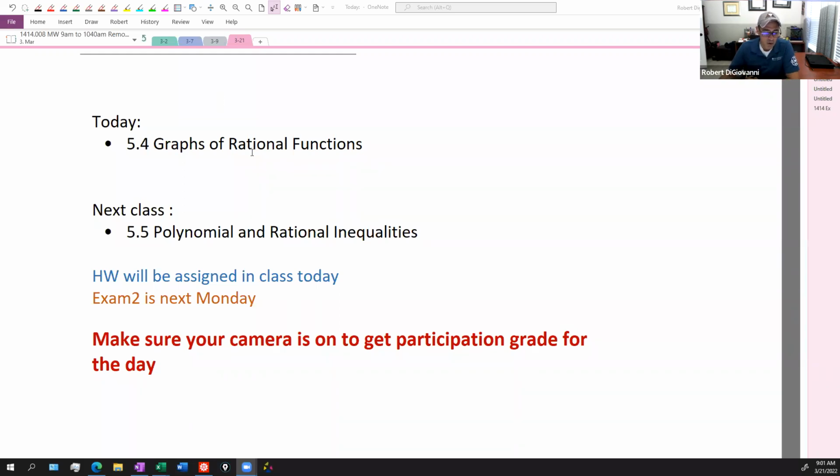Okay, today we're going to continue doing graphs of rational functions. That's what we had talked about last time. And then on Wednesday, we're going to cover polynomial and rational inequalities. The homework assignment for today is going to be given at the end of class.